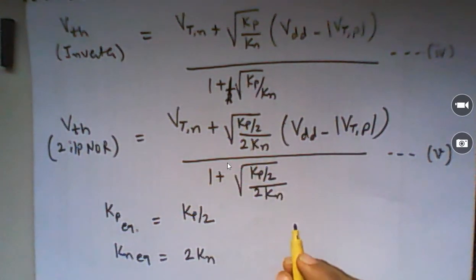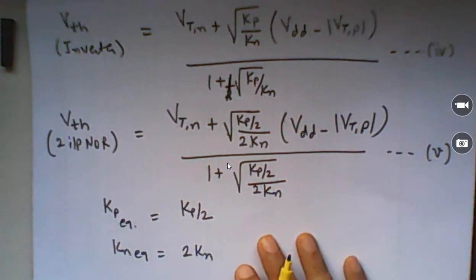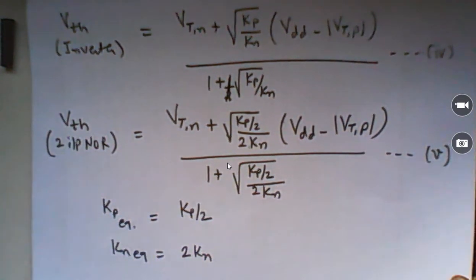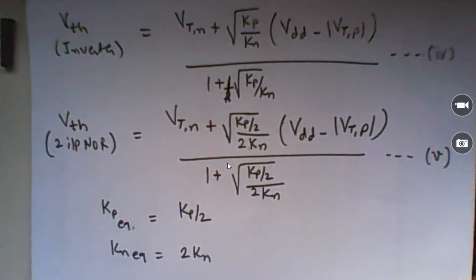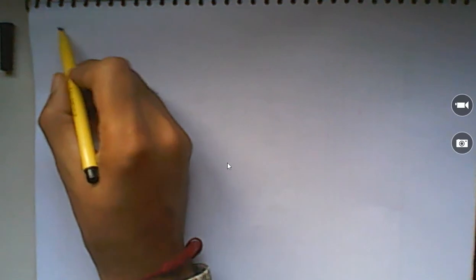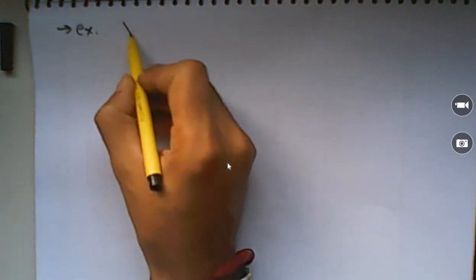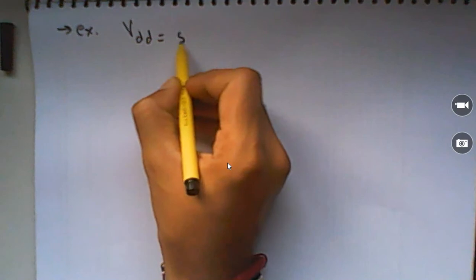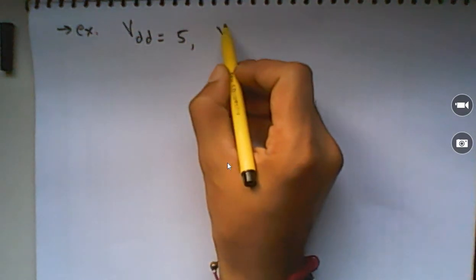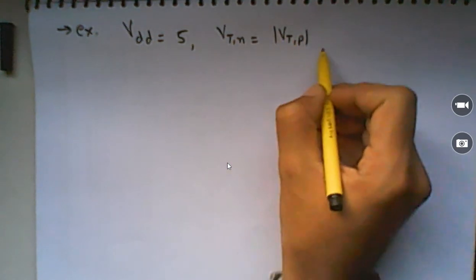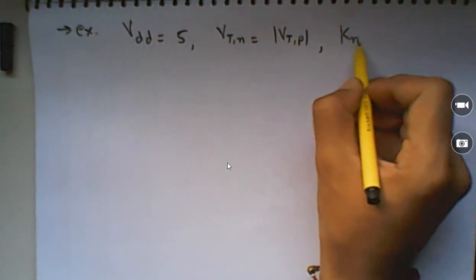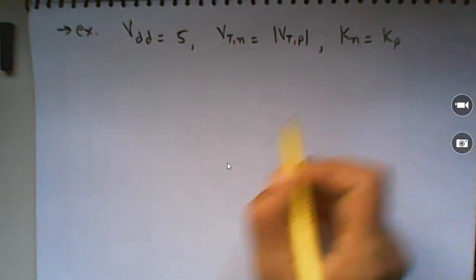Let's take an example. Let VDD be equal to 5 volt, and let us assume the threshold voltage of NMOS equals the magnitude of the threshold voltage of PMOS, and the transconductance of NMOS equals the transconductance of PMOS.